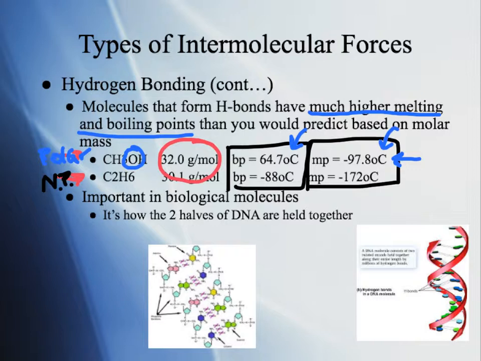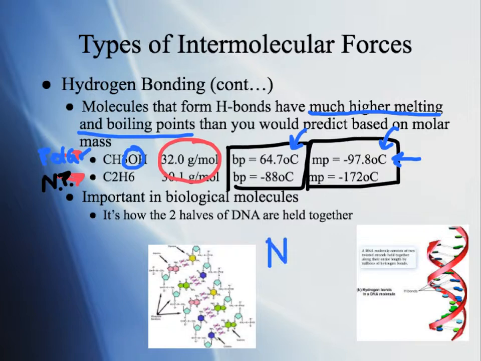Hydrogen bonding is super important in biological molecules. If you have taken AP Bio or are in AP Bio, or if you just remember biology from when you took it before, it's basically how the two halves of DNA are held together. Those nitrogen bases, the A's, the C's, the G's, and the T's, are held together via hydrogen bonds, because remember, those bases are nitrogenous.